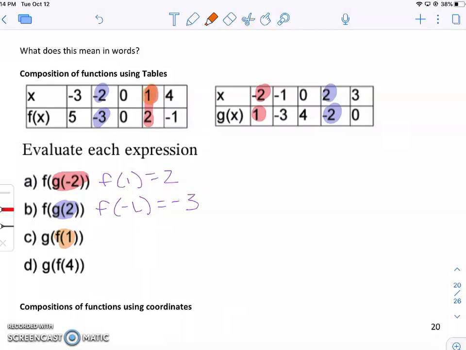So f of 1, we're back here, gives us 2. Then we look at g of 2. We look over here, and that gives us negative 2. And the last one, we do the inside f of 4 first. It gives us 1, so now g of negative 1 gives us negative 3.